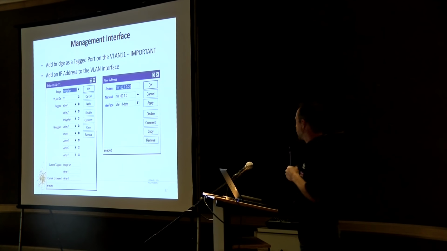You must add the bridge as tagged traffic, and then the management will be on VLAN 11 because there is a virtual interface. Then you can either set an IP address manually like I've done there, or you could run a DHCP server on that VLAN interface and it will obtain an IP address in the correct VLAN.